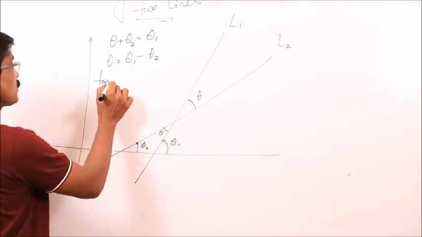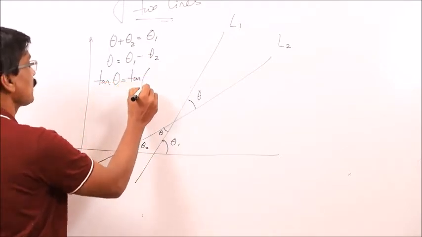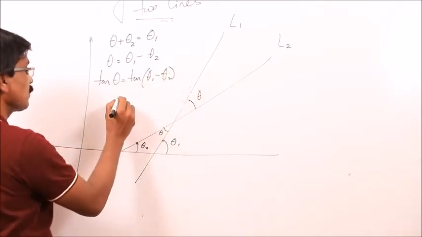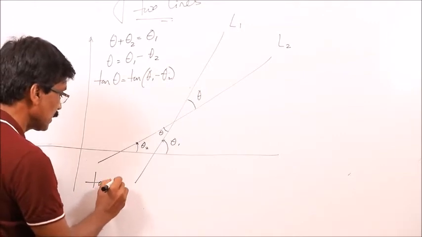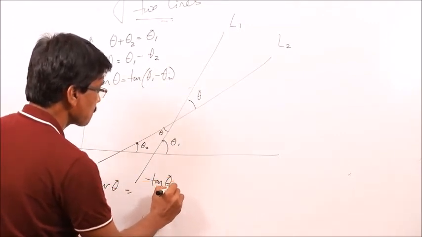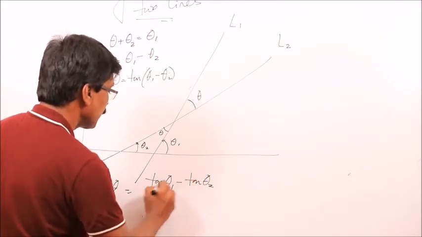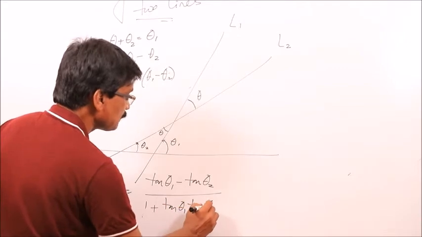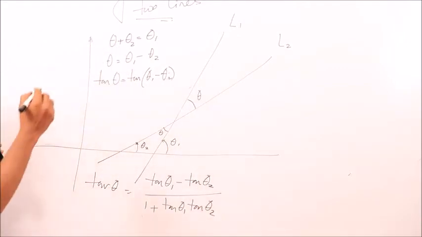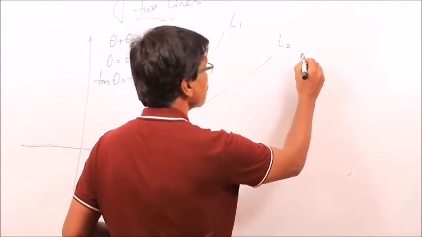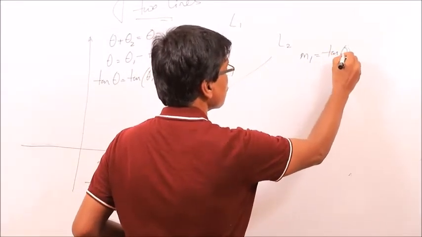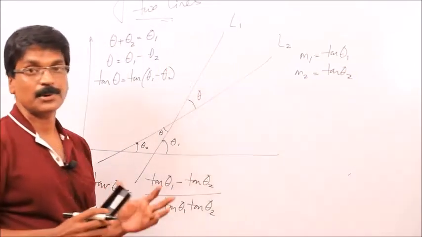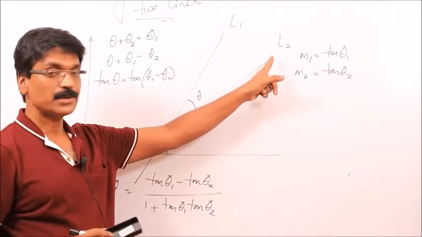Then taking tan of both sides, tan theta is equal to tan of theta 1 minus theta 2. So, tan theta is equal to tan theta 1 minus tan theta 2 divided by 1 plus tan theta 1 into tan theta 2. Suppose m1 is equal to tan theta 1 and m2 is equal to tan theta 2, where m1 and m2 are slopes of line L1 and L2.